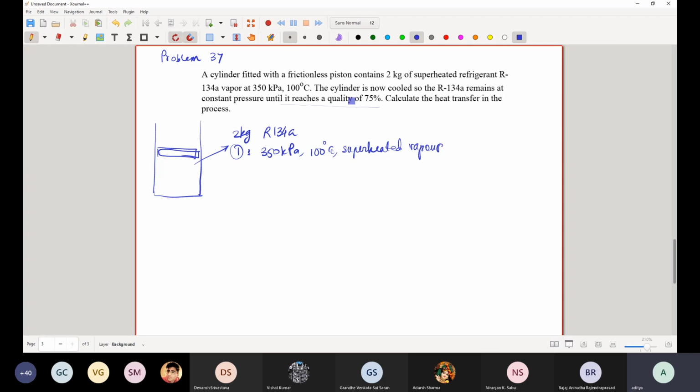Then the cylinder is cooled, so state 2. So 1 to 2 you have cooling, and it remains at constant pressure. So this pressure is also 350 kilopascal until it reaches a quality of 75%. So x will be 0.75. The question is calculate the heat transfer in the process.